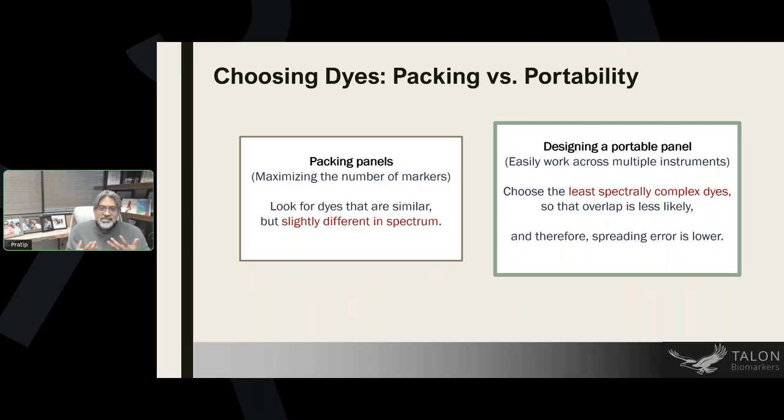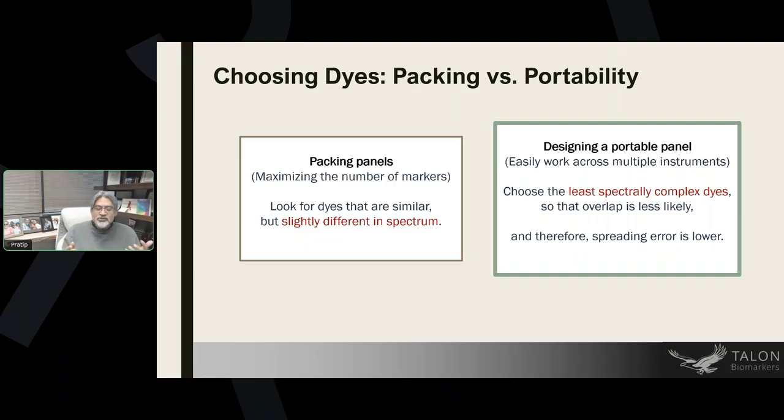So when we're choosing dyes, we can almost think of our panel building process in two different ways. In some cases, we're trying to pack panels where we're maximizing the number of markers. And when we're trying to do that, we're looking for dyes that are similar but slightly different in spectrum, different enough that they can be unmixed.